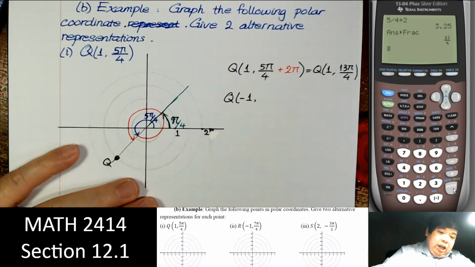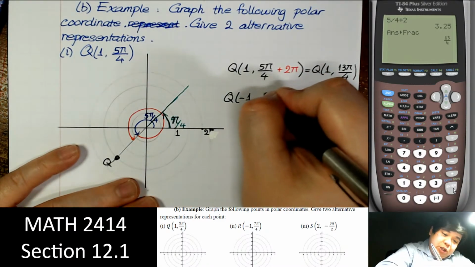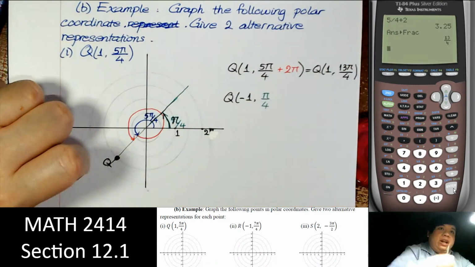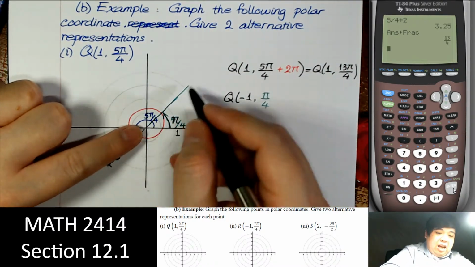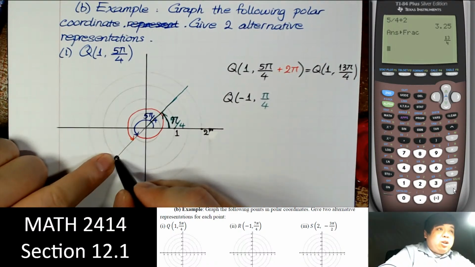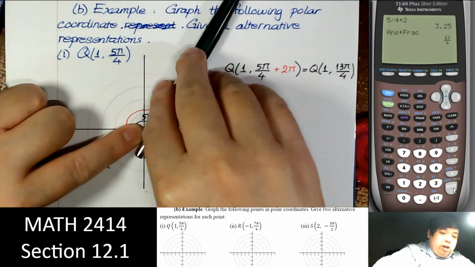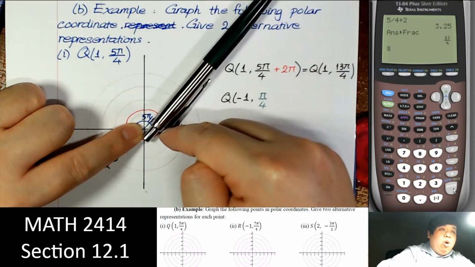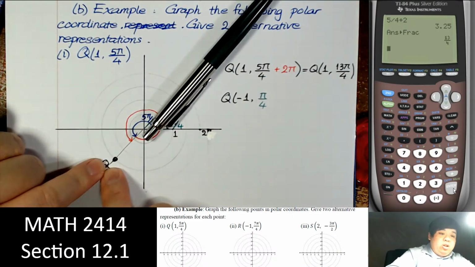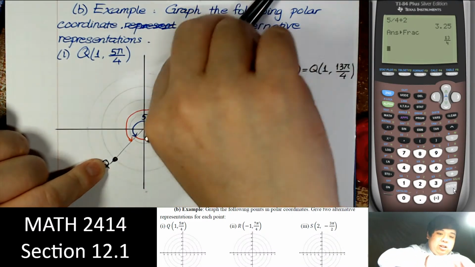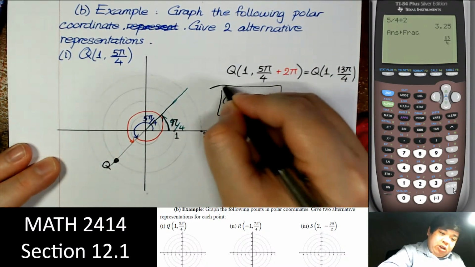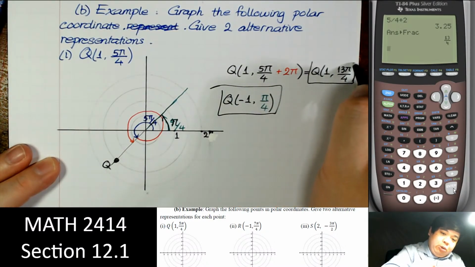So if we want negative, we're going to use the opposite direction, which is pi over 4, and then go the opposite as the terminal ray. Get back to here. Instead of going that direction, we go negative, which is the opposite direction to it, and we have this point. So this is another representation.